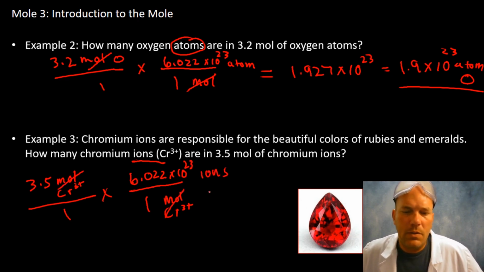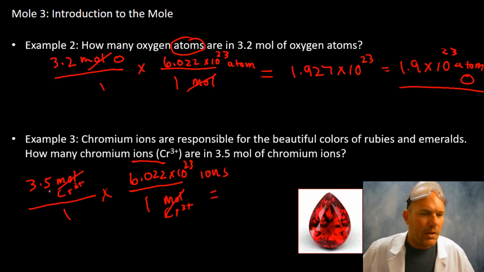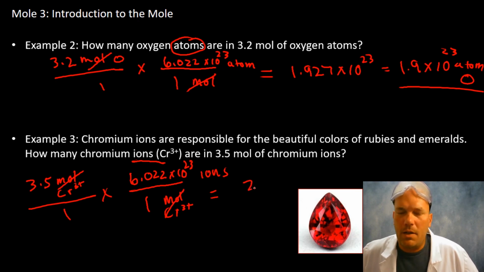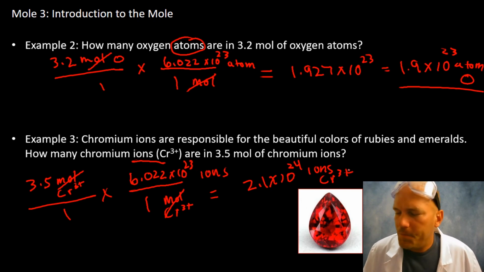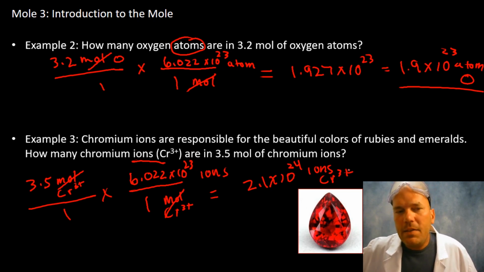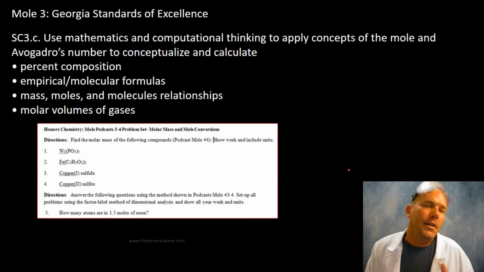Cancels, cancels. Okay, so ultimately we're going to get 2 sig figs on this. We're going to have 2.1 times 10 to the 24th ions of chromium 3 plus. Okay, so that's the basis behind dimensional analysis.